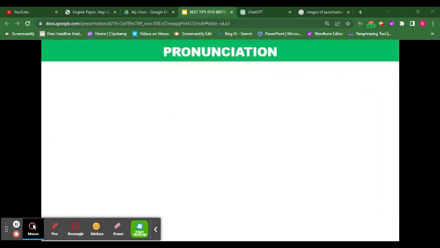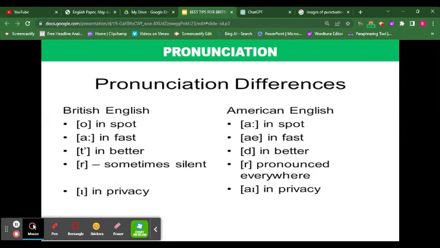One of the most obvious differences between British and American English is pronunciation. So let's take a look at some examples of the differences between these two varieties of English. One of them is the sound of O as in sports. In British English, it is sports.